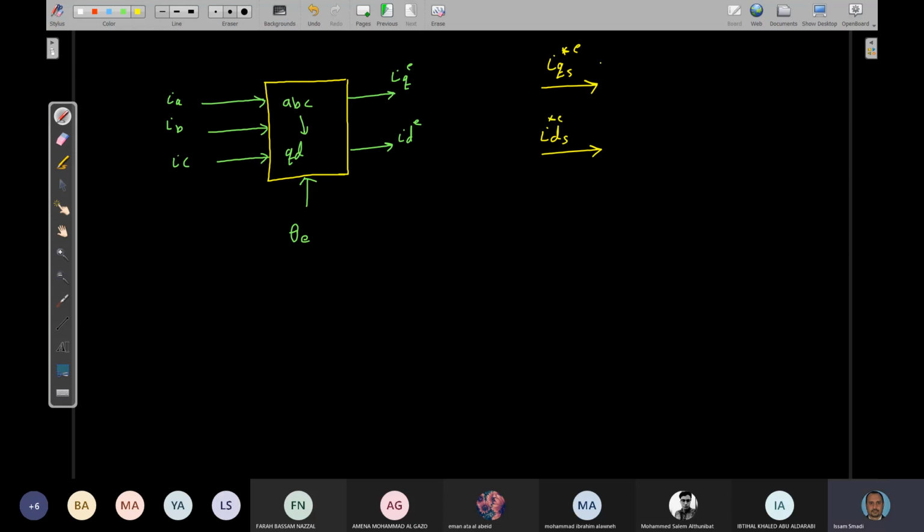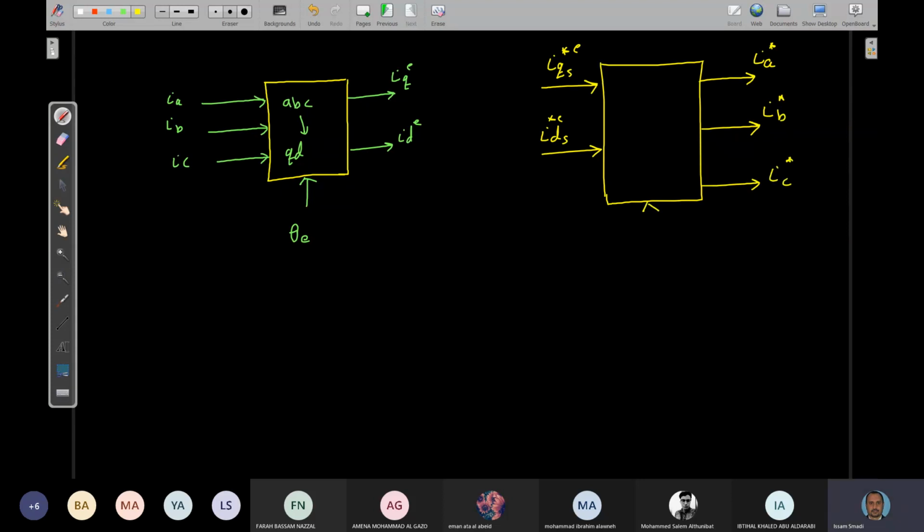and I need to do, let's say, a current controller, either hysteresis or PI plus pulse modulated controller. For example, for the hysteresis, I need to generate the reference current in the actual coordinate, which is the ABC coordinate.